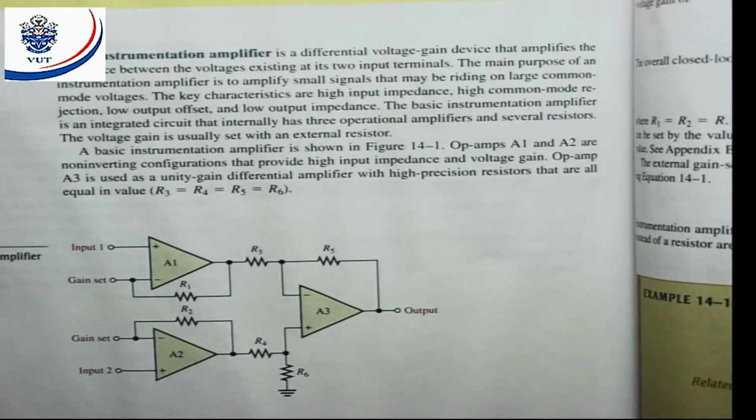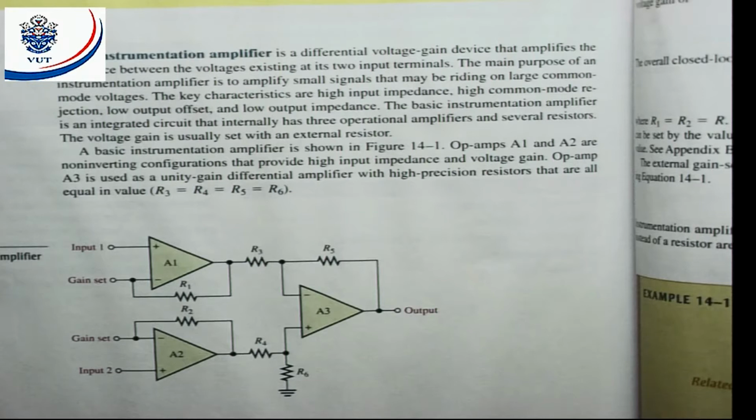The main purpose of an instrumentation amplifier is to amplify small signals that may be riding on large common mode voltages. We are going to amplify small signals. The key characteristics are high input impedance, high common mode rejection, low output offset, and low output impedance. Those are the main characteristics of this instrumentation amplifier.